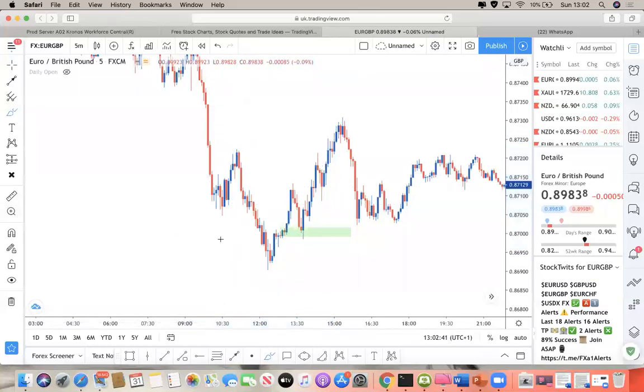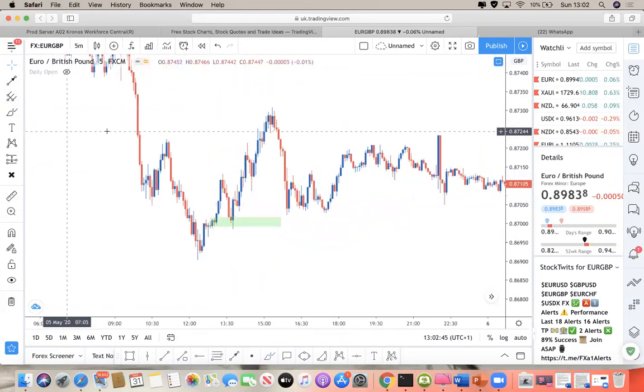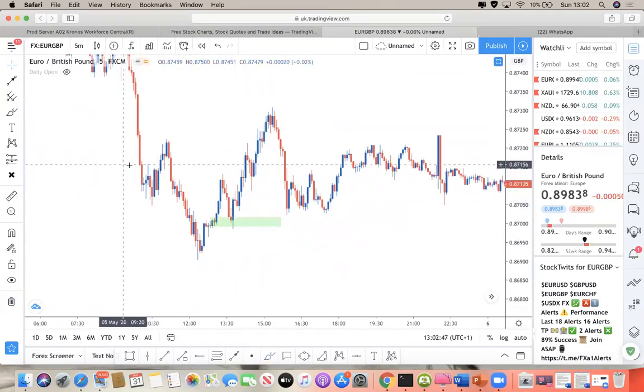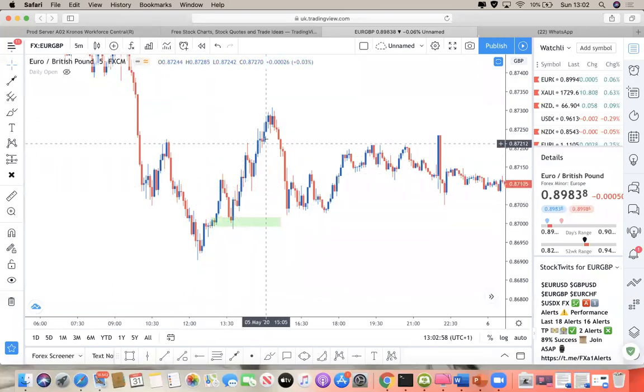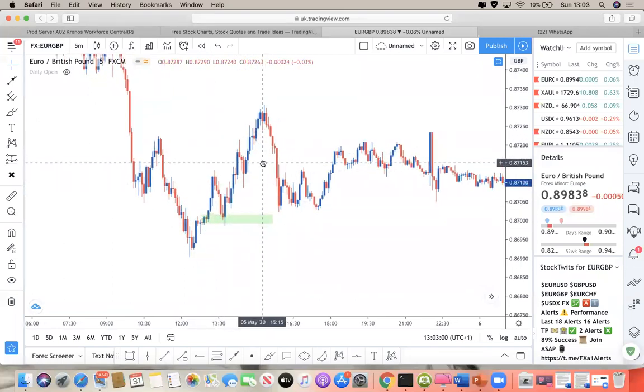So I'm going to clear this and show you what the institutions did with this pattern right here. Left shoulder formed, the head formed, and look what they did. Came back into the head where the institutional candlestick is, and boom, they created the buy setup. So when people had seen this, retail traders would be jumping in for the buy.